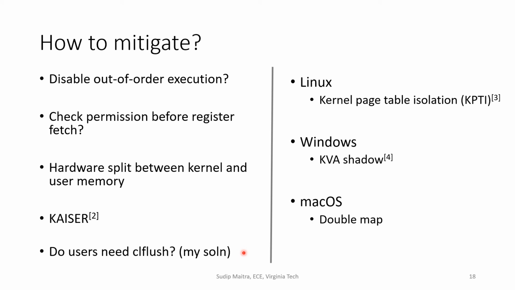And even if we cannot do that, frequent CLFLUSH commands by a user process is suspicious and can be detected. So if we see a user program using CLFLUSH very frequently, then we can label that process as a malicious process and terminate it.